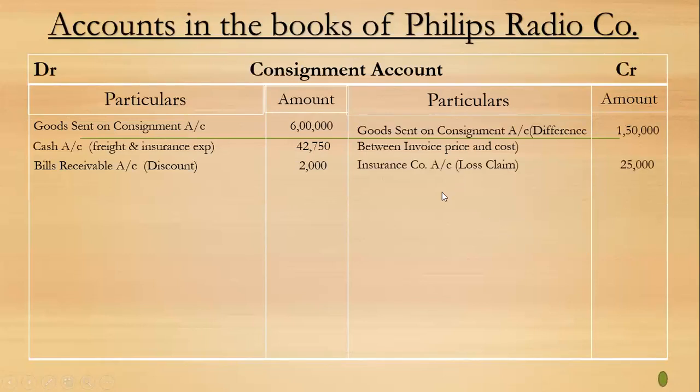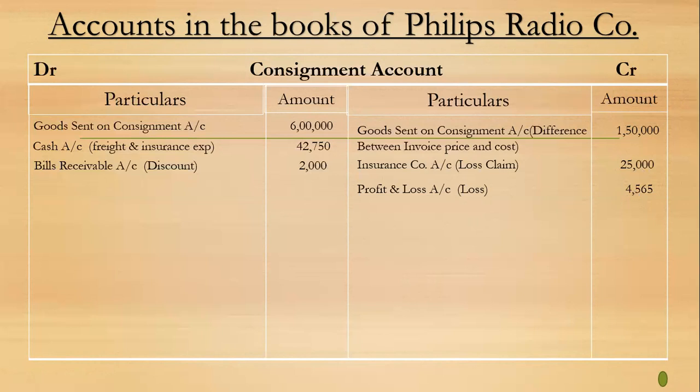So first we will write down the insurance company account, that is the claim of 25,000. Then the profit and loss account, that is the loss of 4,565 rupees.